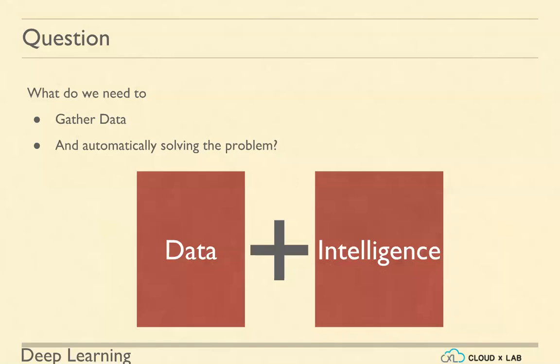One of the challenges with deep learning is that we need a lot of data, because we are letting the system figure out things by itself. We don't want to give it the rules. We want the computer to figure out the rules.